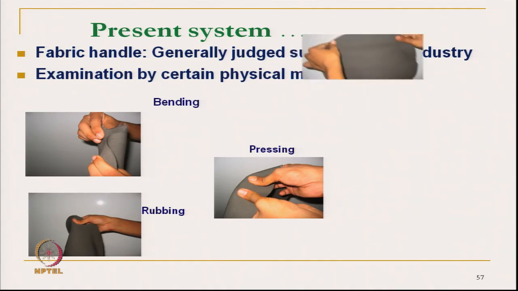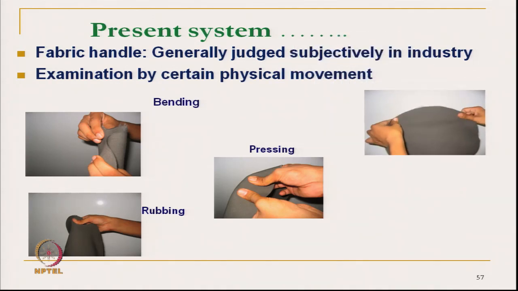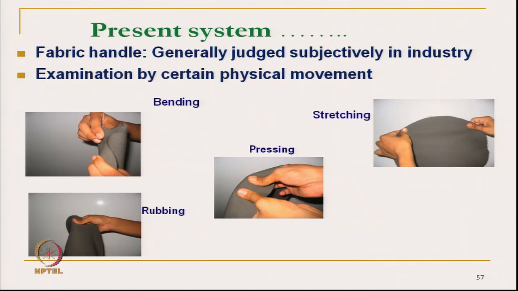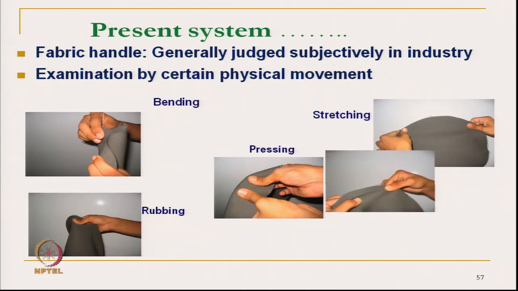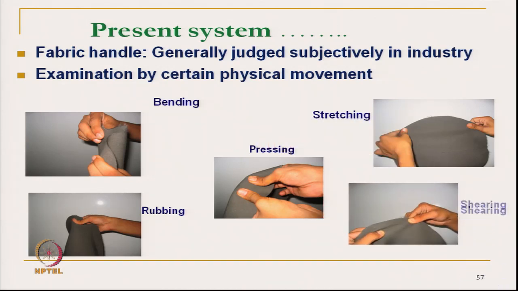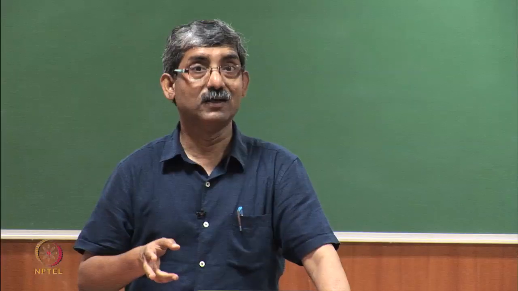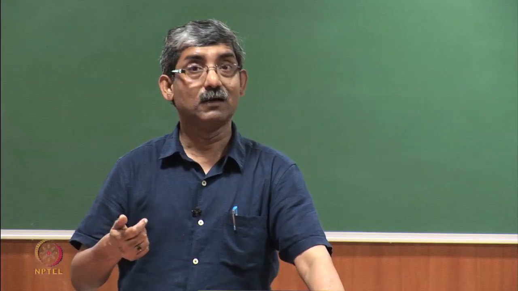Then stretching of the fabric, we get elasticity or stretchability. And this is the shear characteristic, shearing. So these are the aspects we try to measure when we select a clothing.